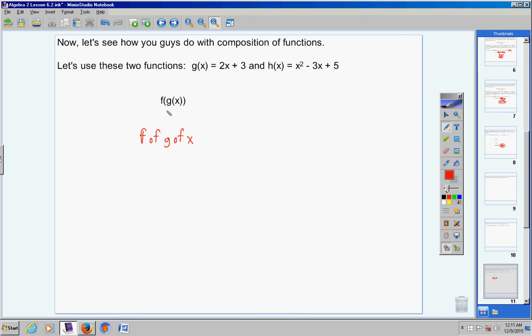Another symbol used for composition is this. Now remember, there are more ways to symbolize different things. So this expression here and this expression here both mean f of g of x. And it means you're taking the composition of, and you know what? I should not have used, okay, my fault, I messed up here.